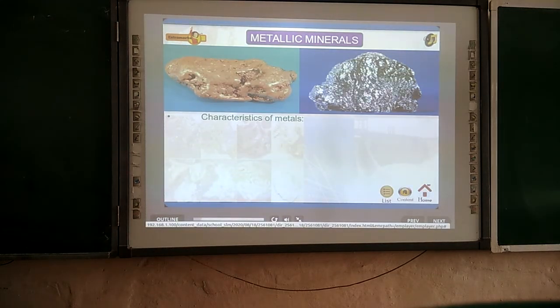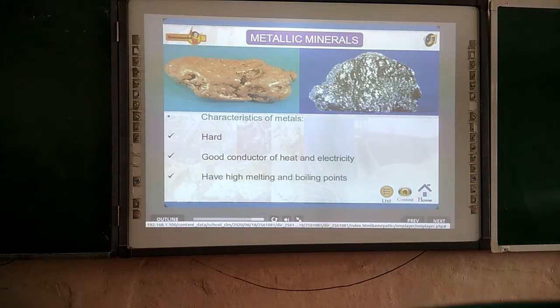Metallic minerals. Let us have a look at the characteristics of metallic minerals. Characteristics of metals are hardness, good conductor of heat and electricity, high melting and boiling points, and a characteristic luster or shine.